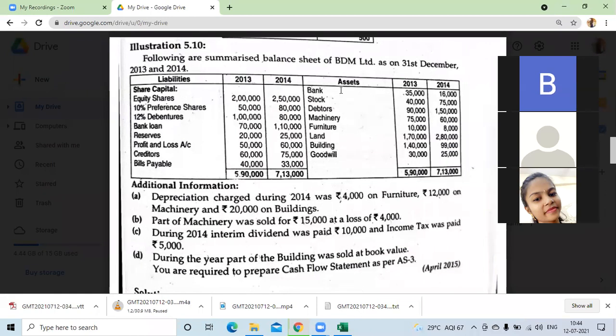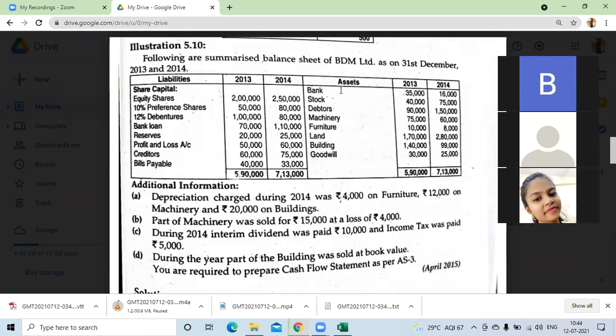Next, stock. Stock means adjust working capital. Tell me, it was 40,000 and now it is 75,000. Increase or decrease? Increase. Add or less? Less. Increase means less. Why? Inverse relation. Very good.